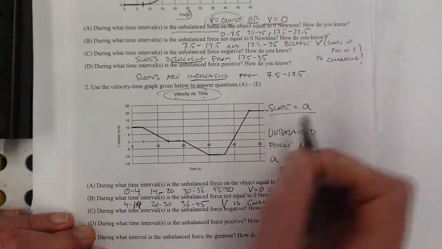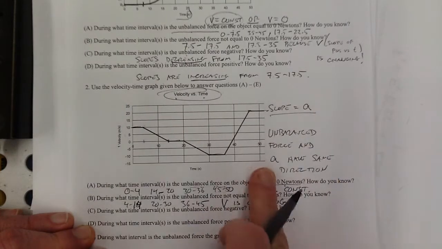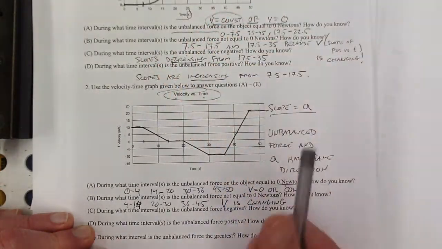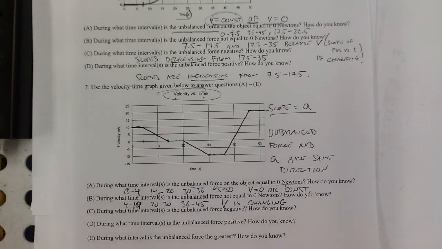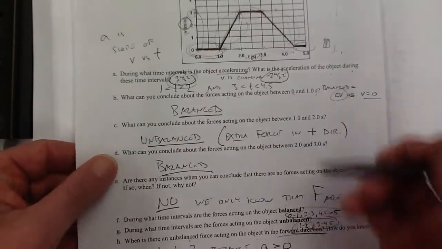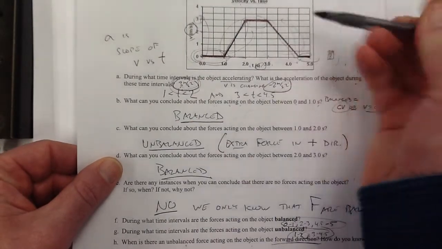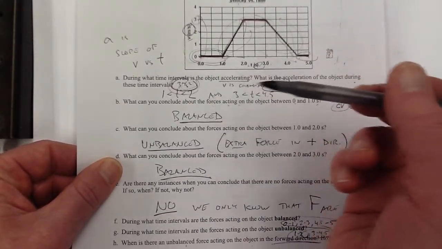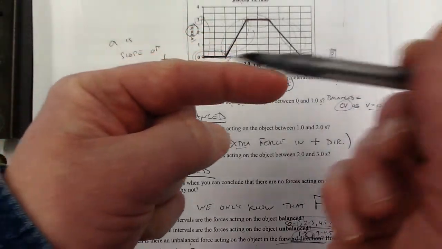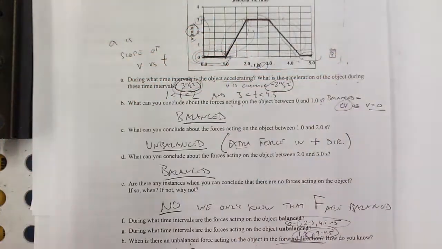So if the acceleration is the slope of this, when this has a negative slope, that must mean there's negative unbalanced force, or in that same negative direction. Just like here, when this thing was slowing down, the unbalanced force must have been acting against the direction of motion. It's going this way, but the unbalanced force is this way, which slows it down.